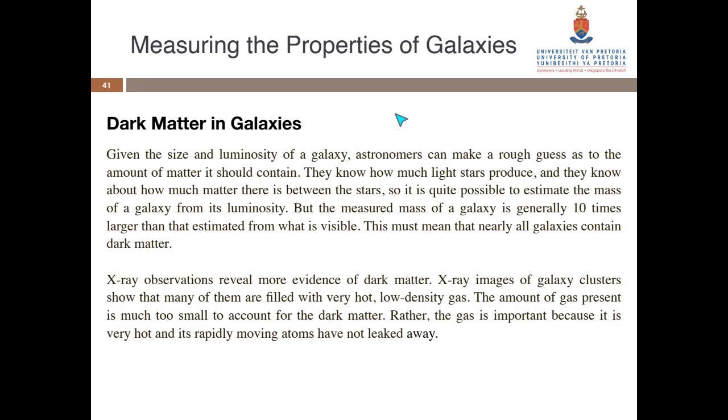So another way to detect dark matter goes back to 1916 when Albert Einstein described gravity as the curvature of space-time. The presence of mass actually distorts space-time, and that is what you feel as gravity.